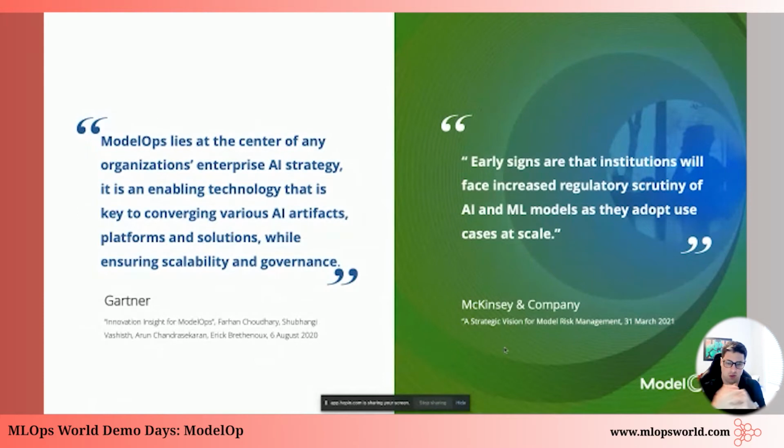You'll find that a lot of banks typically already have pretty mature risk management processes and governance processes around their various models, same as in insurance companies. And that's where ModelOp and the ModelOps market is really thriving.